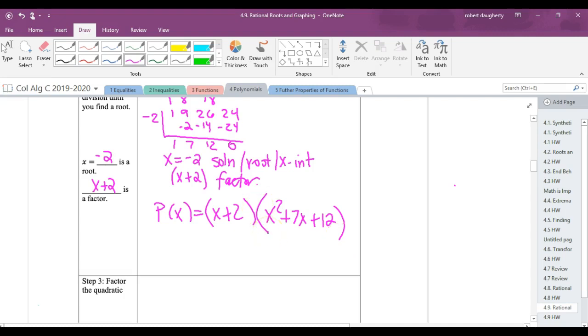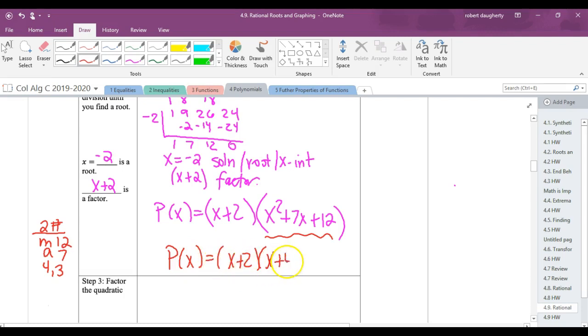Now, in my goal to get this completely factored, what has to factor now? This quadratic right here. In order for that to happen, what do I need? Two numbers that multiply to 12 and add to 7. What numbers will do that? 4 and 3. So P of x equals x plus 2, x plus 4, x plus 3.